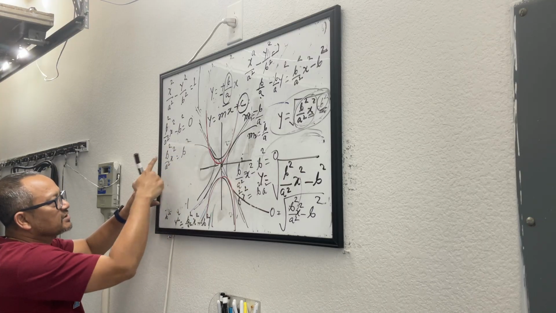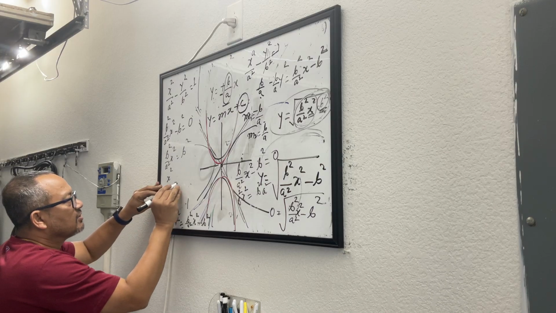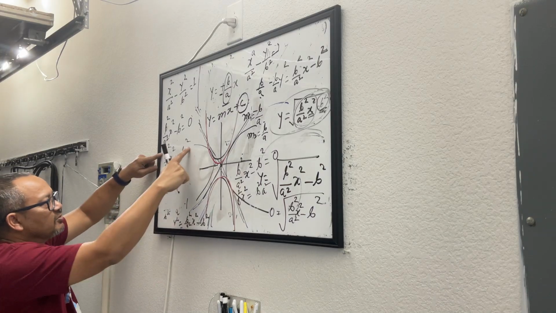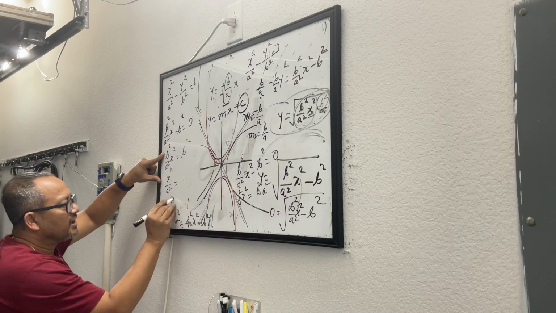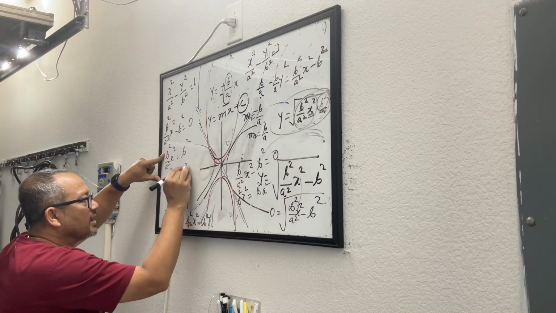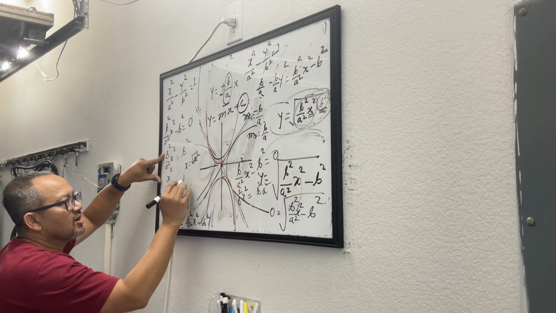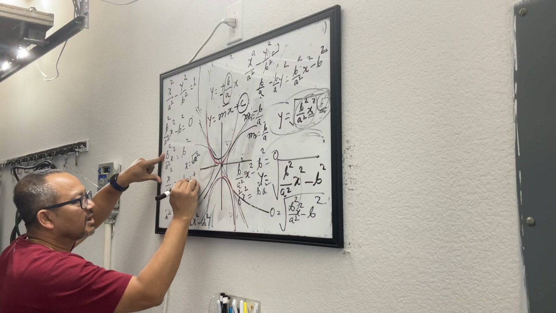Let's divide both the sides by b square, so it becomes x square by a square equal to 1. So x square equal to a square, or x equal to square root of a square, or x equal to plus and minus a.